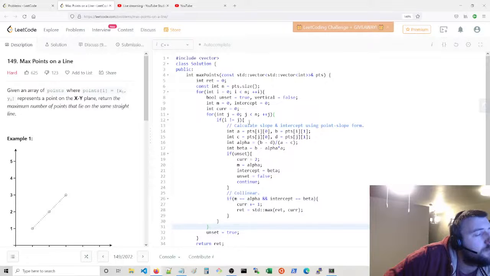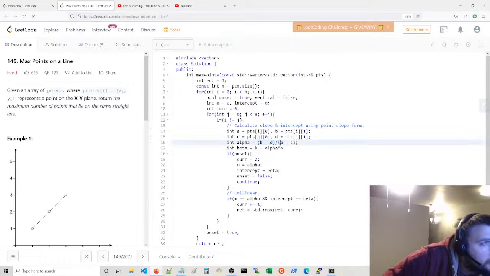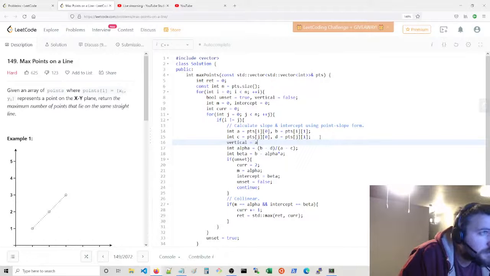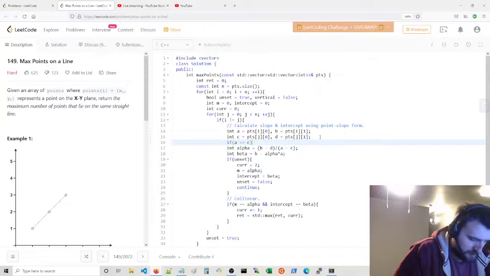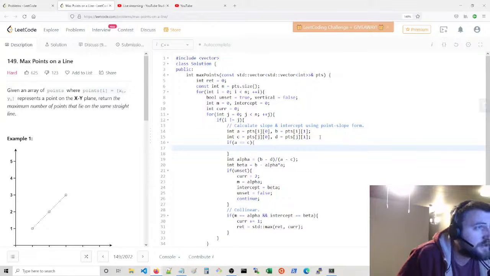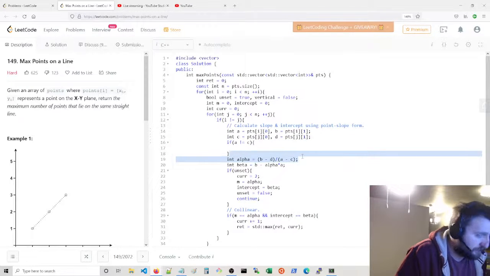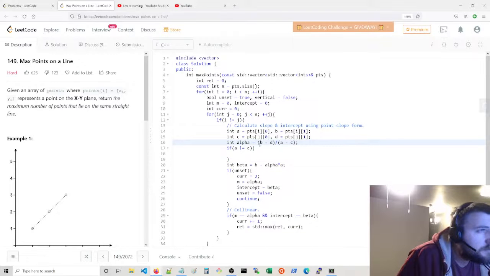Now, okay, we need to check if things are vertical. So that's if A is equal to C, right? That's the delta x. So if there's no delta x, so vertical equals A minus C. So actually, if A is equal to C, and then we do something else entirely, if they're not equal, we can set alpha to this.